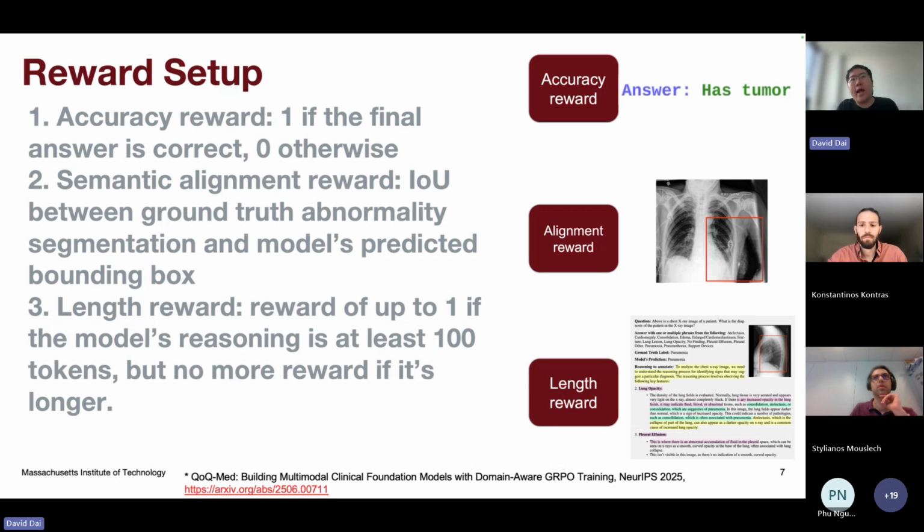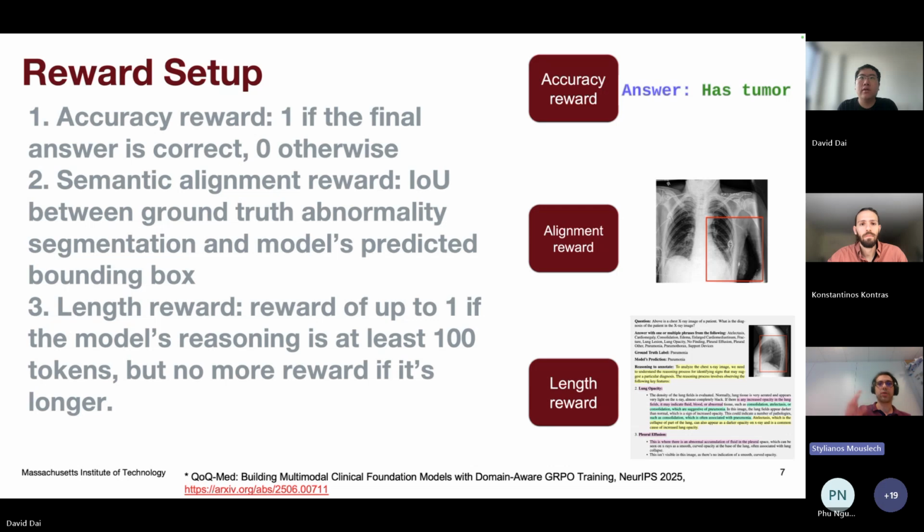The way we process 3D images and videos currently is to convert them into slices. For 3D images, we slice them uniformly into multiple parts. For videos, we slice the frames with equal spacing. And each of these can be assigned a semantic alignment reward for each bounding box.